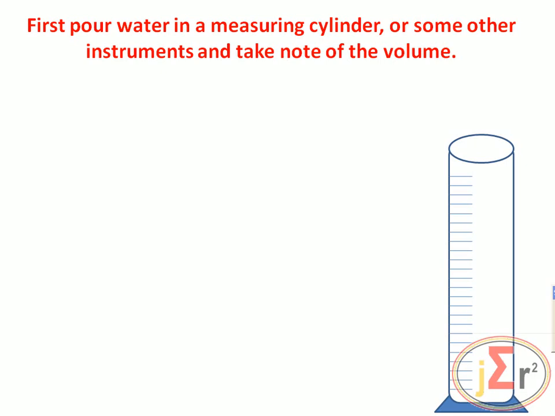We will put the object in water. Yes. But before we can put the object in water, we have to make sure that the measuring cylinder contains water. So, first, put the water in the measuring cylinder and measure the volume of the water that we have in there.